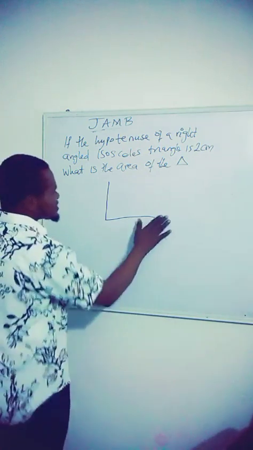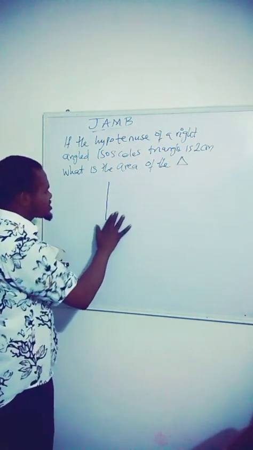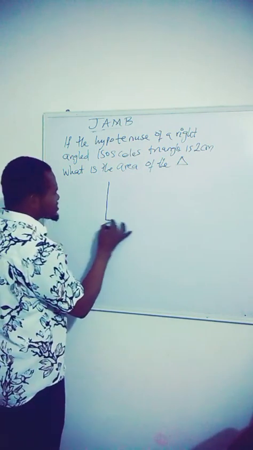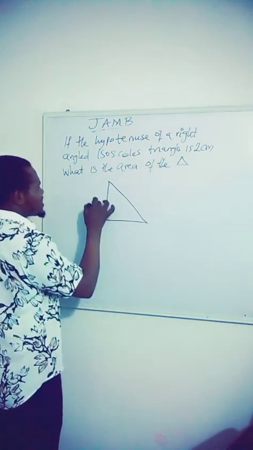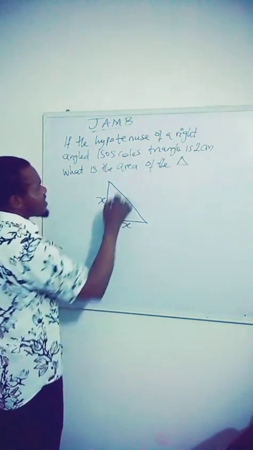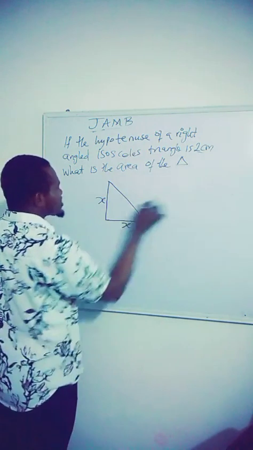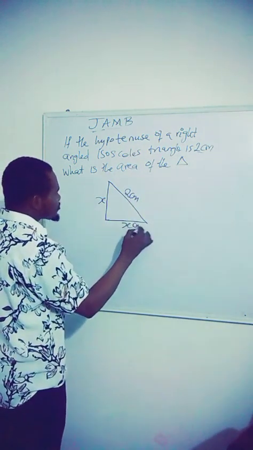So we are having a right angle triangle, but these lengths are the same. So this is the hypotenuse. We are saying if here is x, here will also be x. But we have been given the hypotenuse as 2 centimeters.